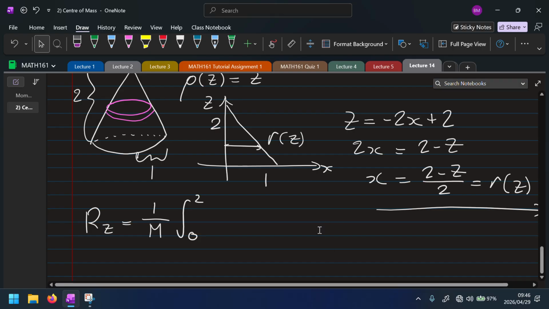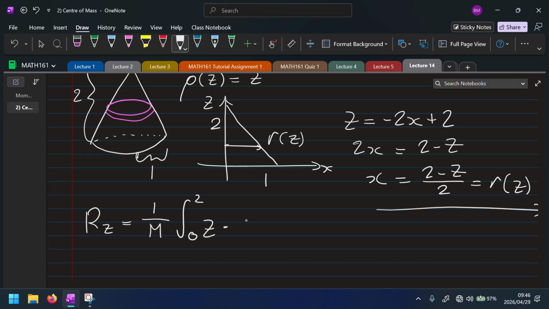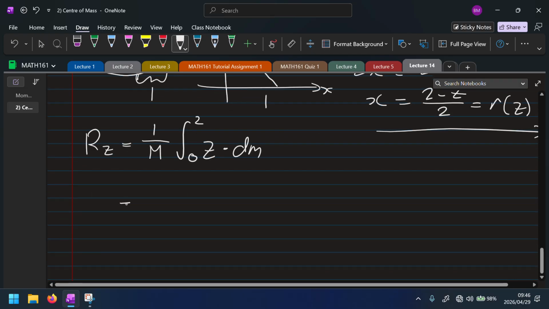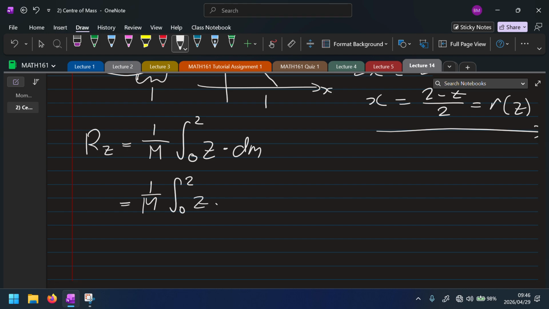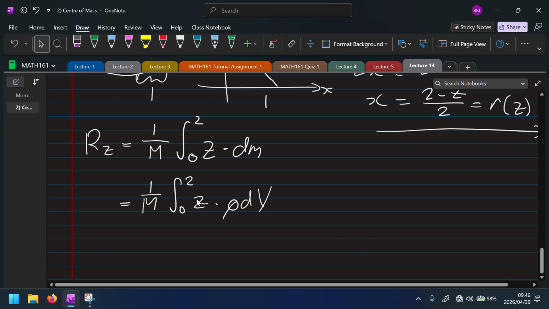Okay. Then we need Z dm, right? So we need Z dm. But dm, we're going to replace with rho dv from before. I'm doing it step by step, but obviously you'll substitute everything at once.